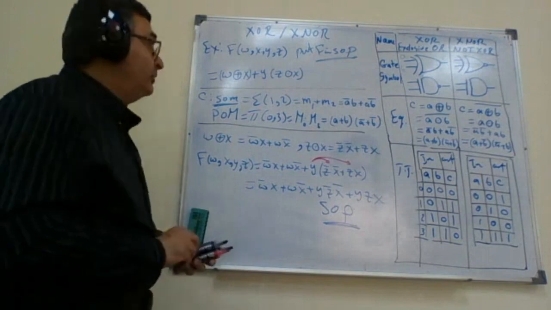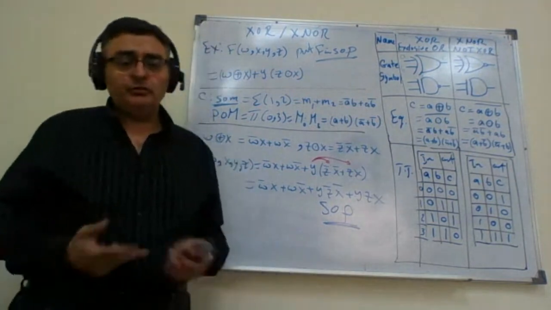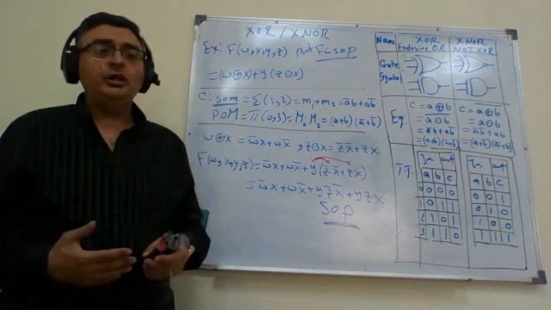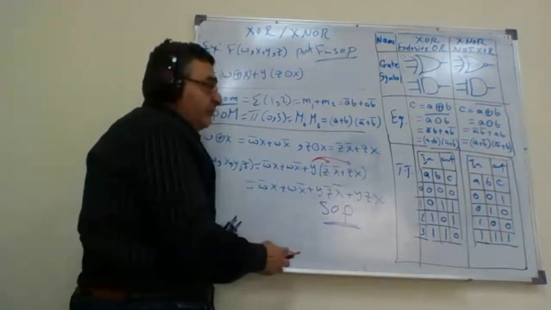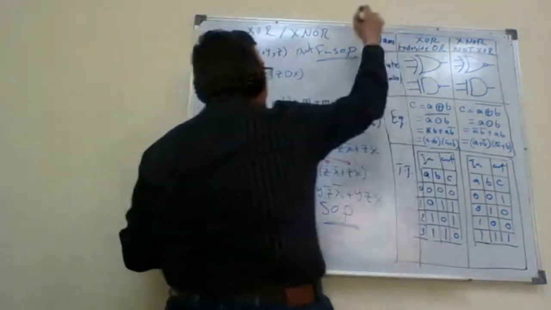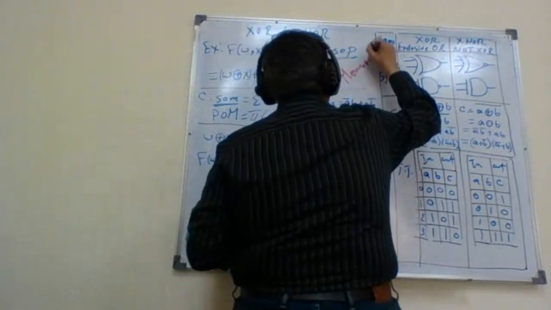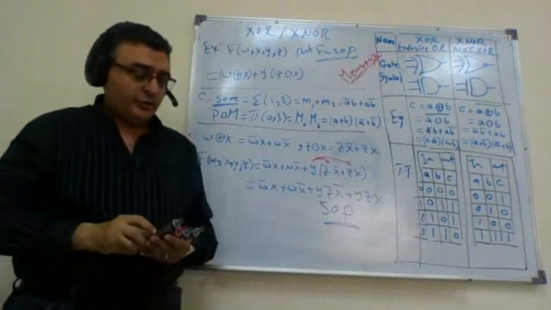So today we learned what is XOR and what is XNOR for two variables, and we learned one full example of how I can use my knowledge of XOR and XNOR. Definitely anything that I have here for this table should be memorized.